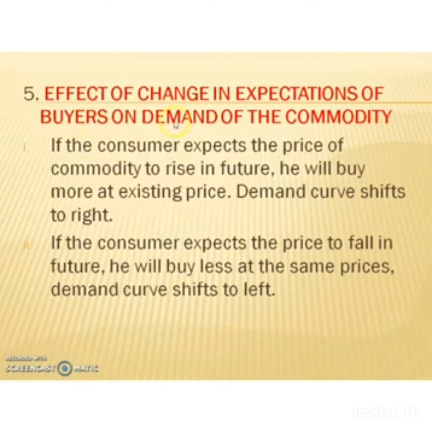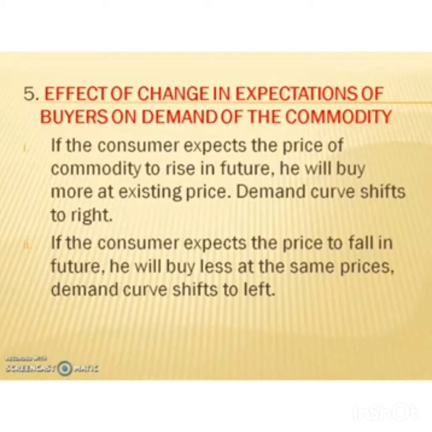Then the last factor is expectation of buyers. How will it affect the demand of the commodity? The expectation about the future is another factor which influences the demand of a commodity. Suppose the consumer expects the price of the commodity to rise in future, he will buy more at the existing price, or regardless of price, he will buy more.